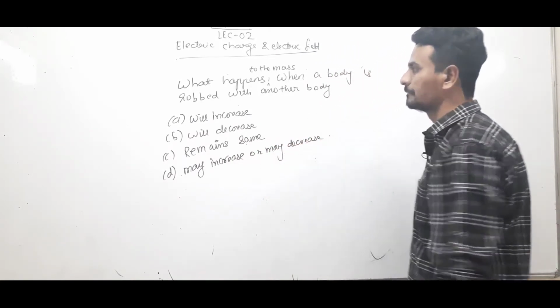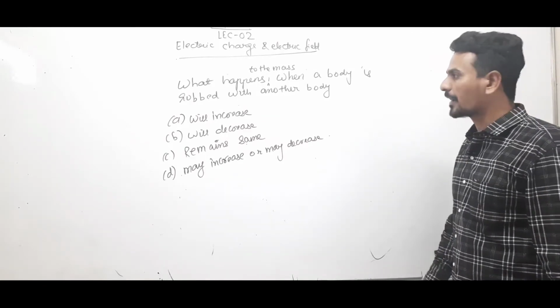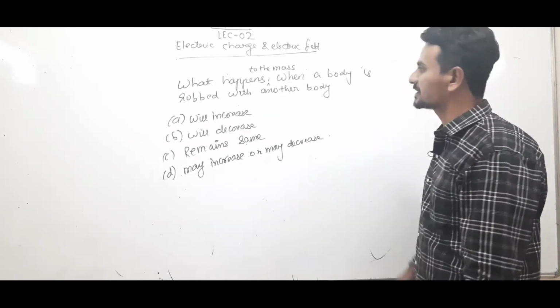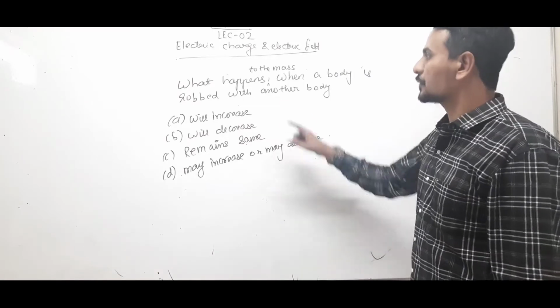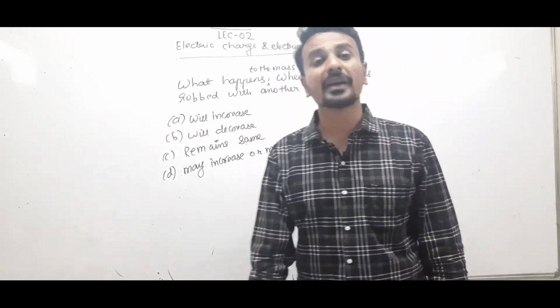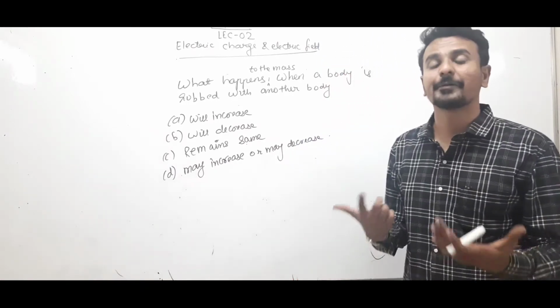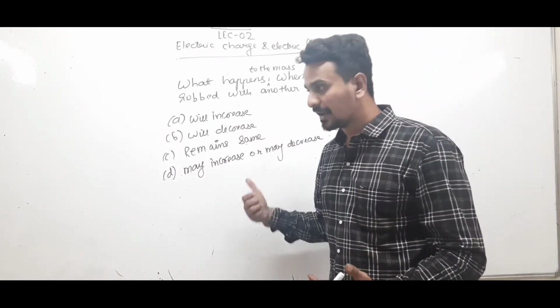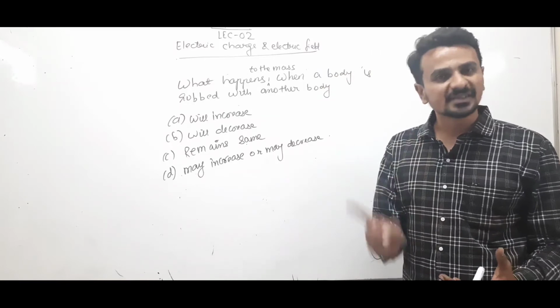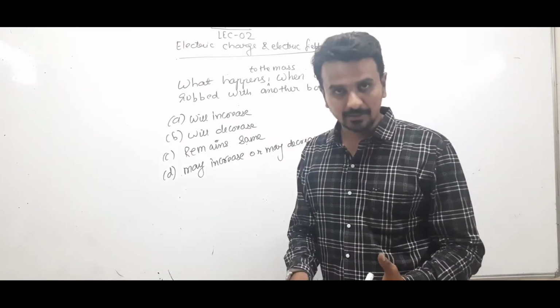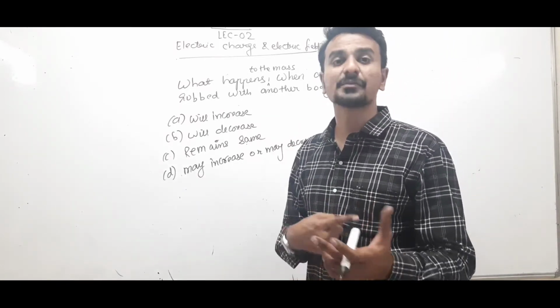See, the question is, what happens to the mass of a body when it is rubbed with another body? In the question it is not specified which body you are talking about, a positively charged body or a negatively charged body. We had seen that when a body is positively charged, its mass will decrease, but when a body is negatively charged, its mass will increase.